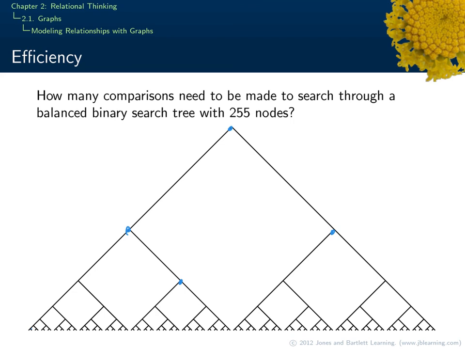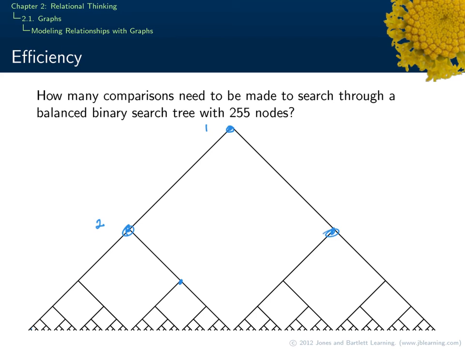It takes one comparison to find the top node, and then another comparison to find one of the two nodes on the next level. So we have one comparison needed to find that, and another comparison needed to find one of these two here.